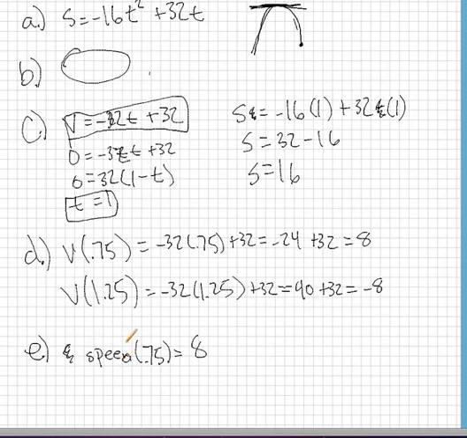And the speed at 1.25, so that's the absolute value of negative 8, is going to be the same, 8. And that's in feet per second, just like each one of these. And this is feet per second too.